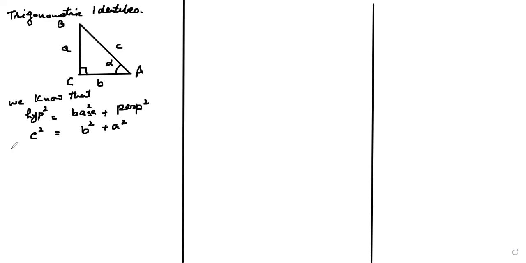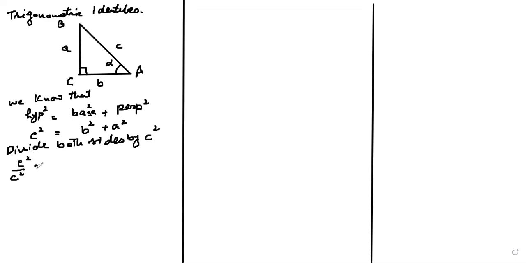So divide both sides by C square. So on the left hand side, we have C square over C square.